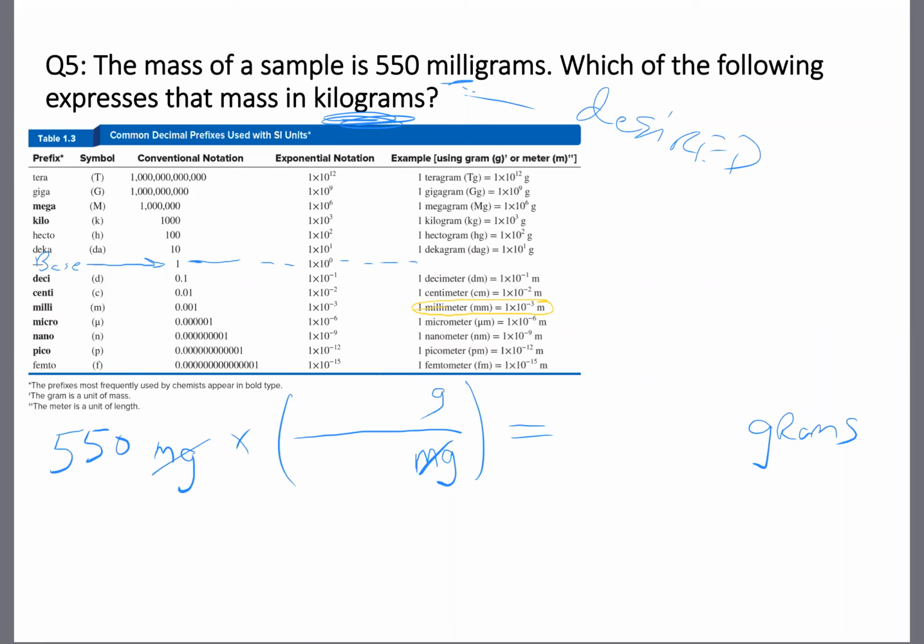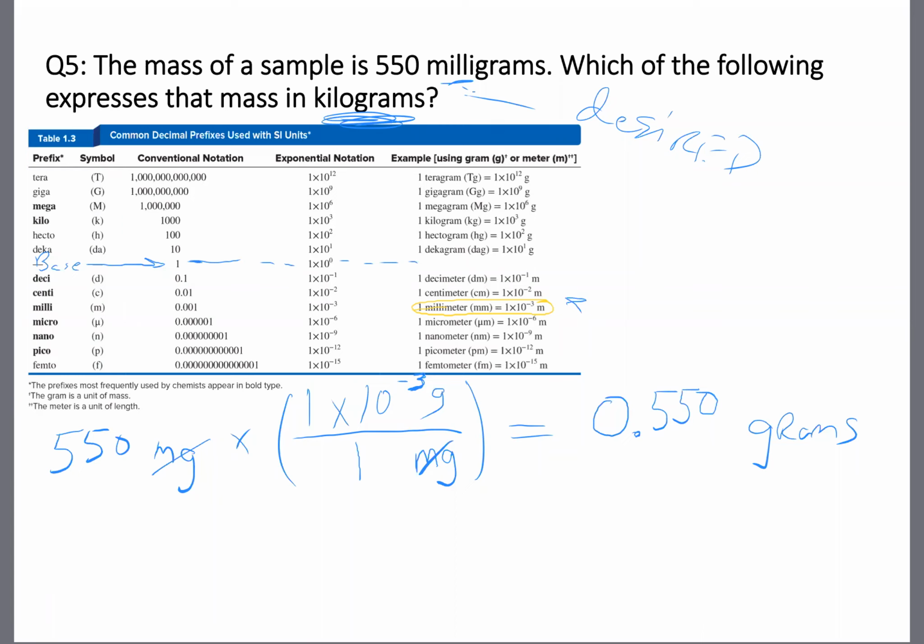Okay, so how in the world can I do that? Well, I can use this conversion factor that's given to me in the table. And I can say that 1 milligram is equal to 1 times 10 to the minus 3 grams. And if I do that, 550 milligrams ends up being 0.550 grams.